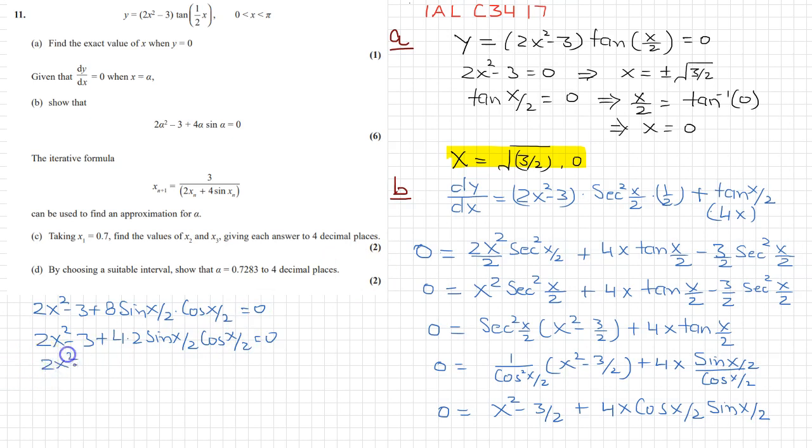Since 2 sin a cos a is sin 2a, the angle is half, so sin x. So at x equal to alpha, this will be 2 alpha² − 3 plus 4 alpha sin alpha is equal to 0. That is what we are supposed to prove.